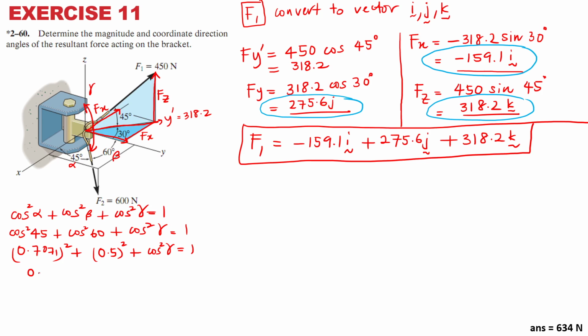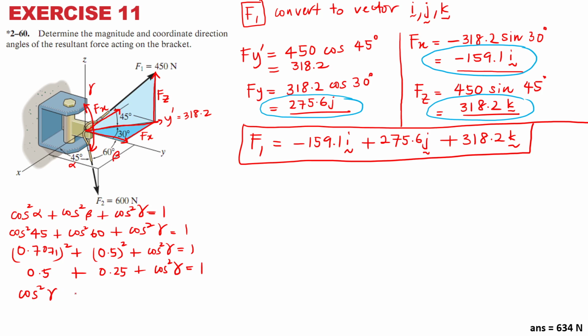This one you're going to get 0.5. This one 0.25 plus cos squared gamma is equivalent to 1.